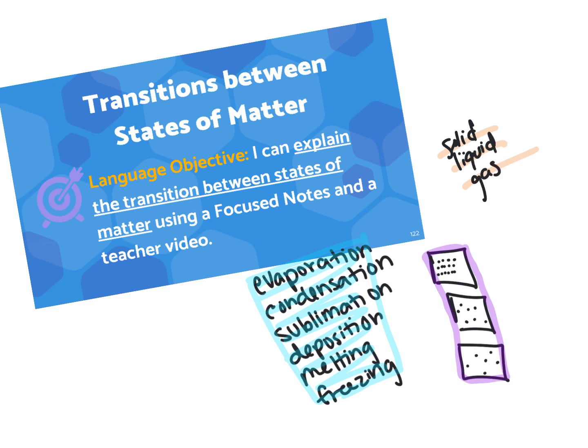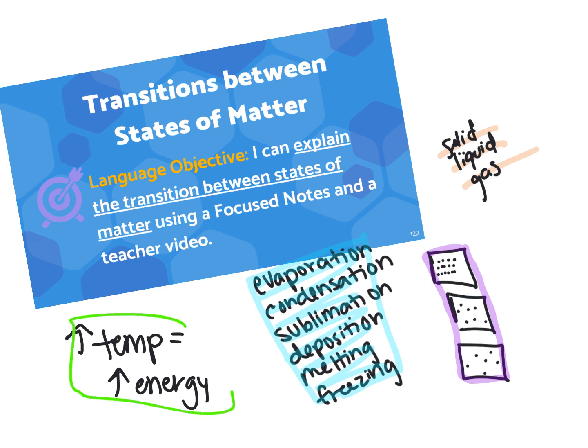And we identified that an increase in temperature is the same thing as an increase in energy. Okay. So that is a new piece of learning for us as well.